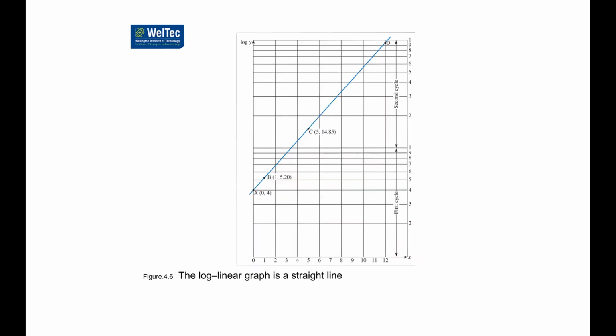Let's have a look at the information that's given to us here. Now it's not quite clear, but D is the point (12, 93.19). So let's find the gradient of this line.